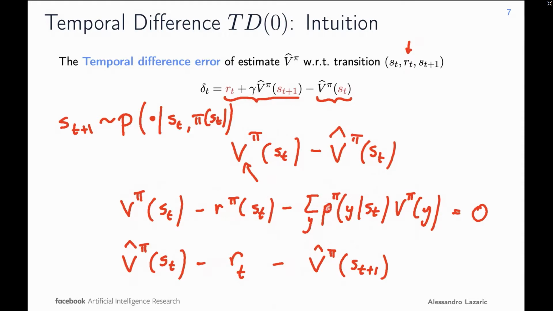So I cannot trust my estimate of the error 100%, and that's the reason why we will eventually take a learning rate, which measures how much I want to correct by the estimated Bellman error that I have according to this current transition and the current estimate that I have. So this is somehow the thought process to get to understanding why this makes sense.